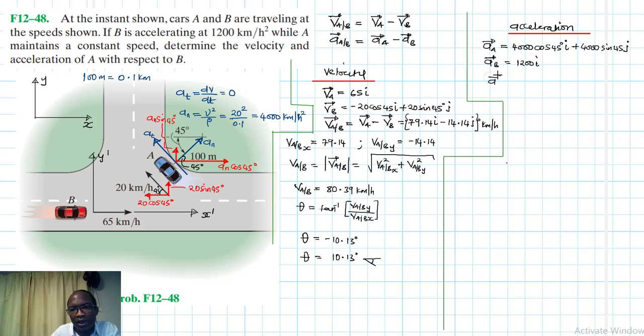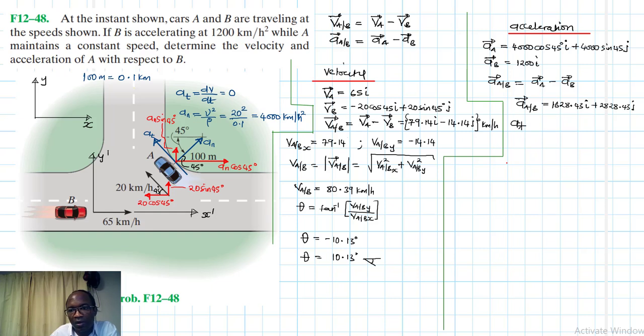Therefore, our relative acceleration A stroke B is equal to AA minus AB. So we have 4000 cos 45 minus 1200, which gives us 1628.43 i, plus 4000 sine 45, which is 2828.43 j.